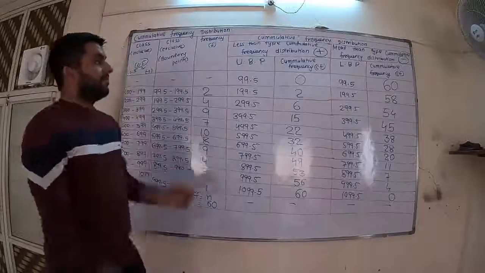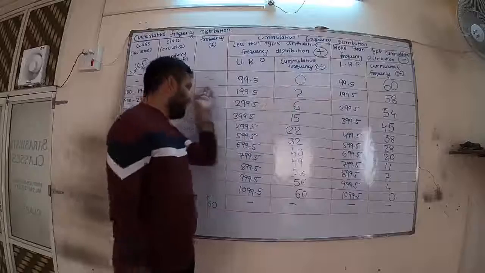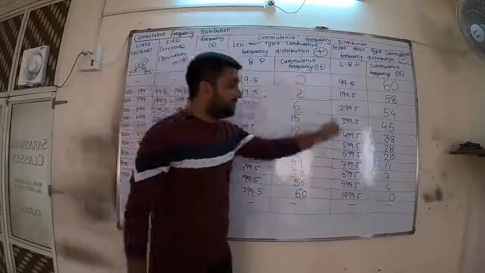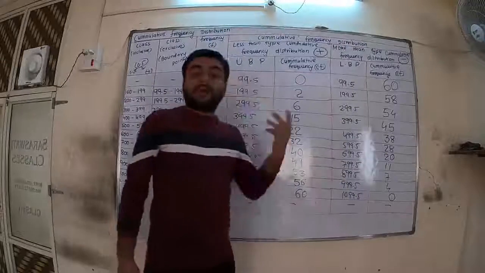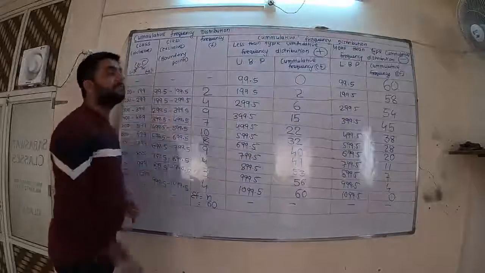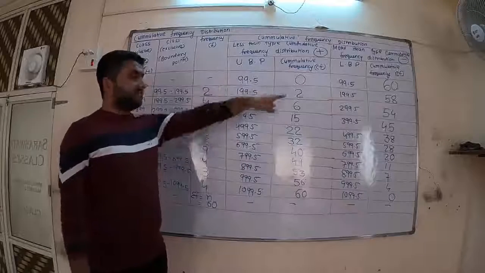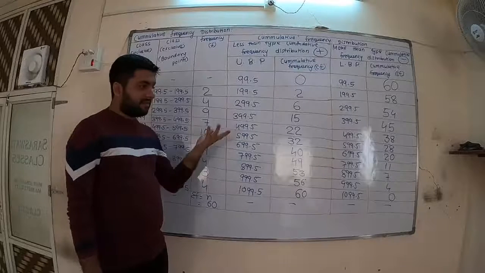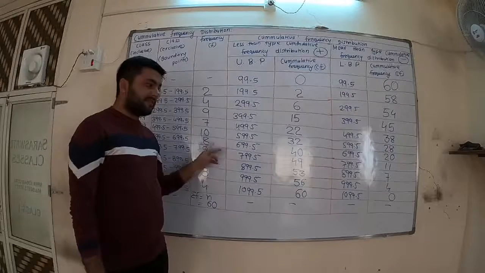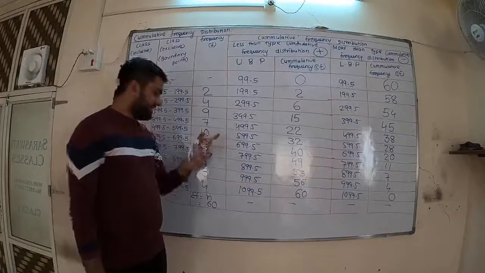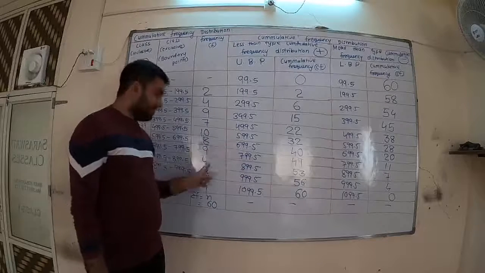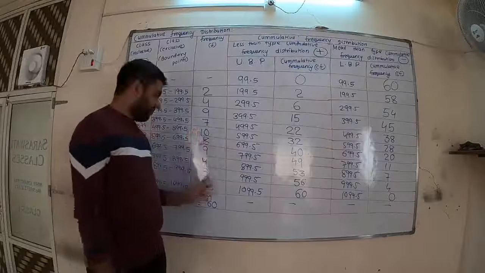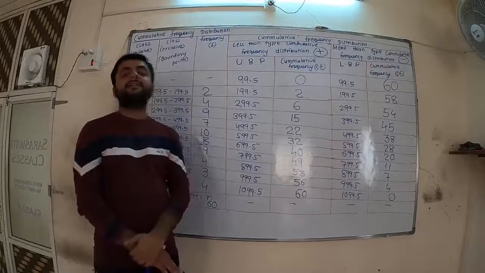Once more, in less than type, start with 0, add each thing, and you will get the total. In more than type, start with the total, 60, and subtract each thing: 60 minus 2 is 58, minus 10 is 28, 28 minus 8 is 20, 20 minus 9 is 11, 11 minus 4 is 7, 7 minus 3 is 4, 4 minus 4 is exactly 0.